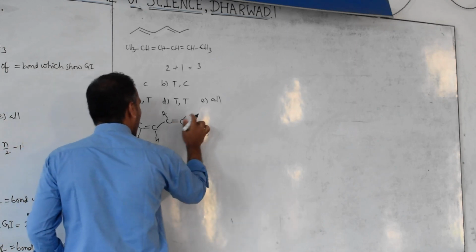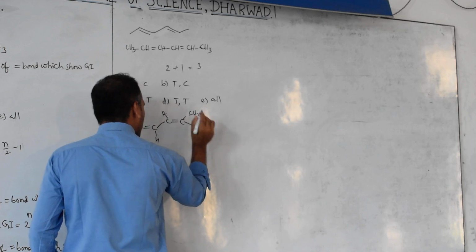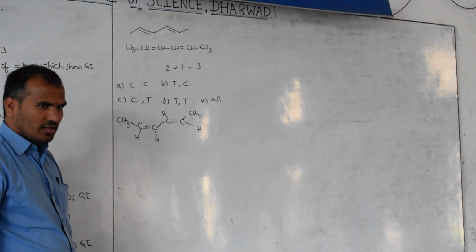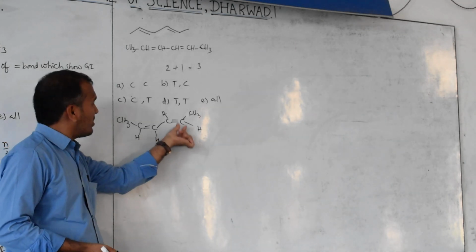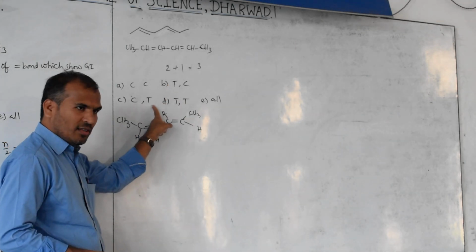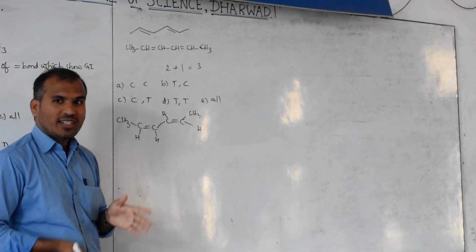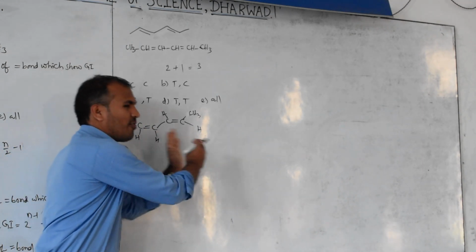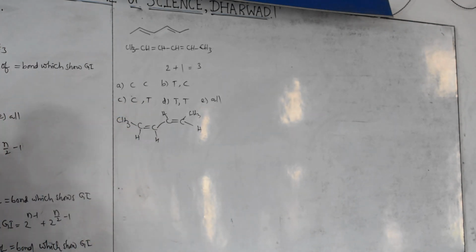If I write CH3 here and H here, which form is this? Trans form. Okay? This is cis, this is trans. Cis trans, is trans possible? No. Why not possible? It is symmetrical. If you count left to right or right to left, it is the same. But here we counted cis trans because it is not symmetrical.